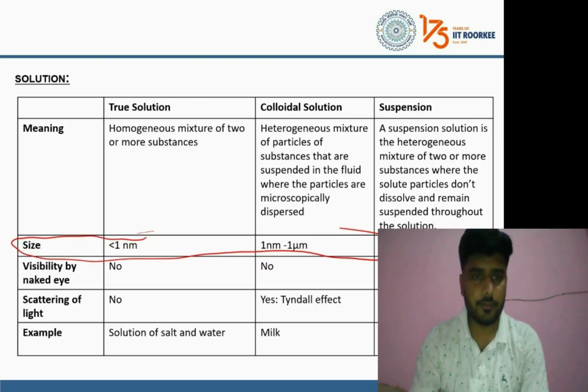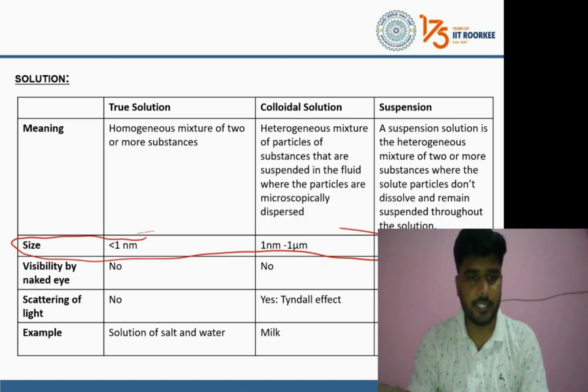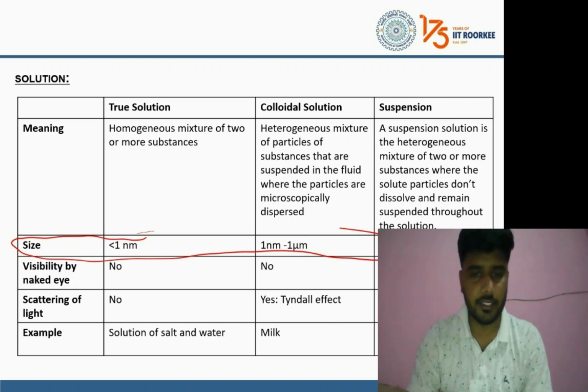You can see the other properties also. An important property is the scattering of light. True solutions have a very small particle size, so they do not show any scattering of light. Colloidal solutions always show this scattering, which is called the Tyndall effect.